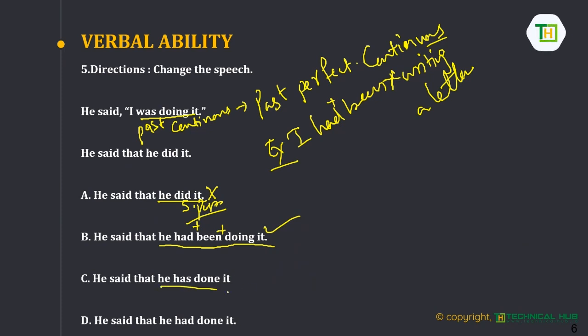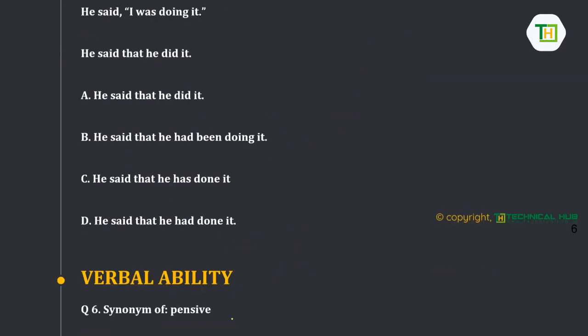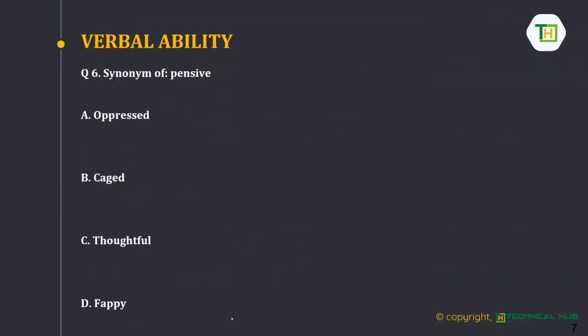That will not come because the action was in the past. And "he had done it" also will not come. So finally, option B is the right one, and I hope you understood how the changes have been made. Right. So verbal ability: synonym of pensive. Any guesses for the synonym of pensive?